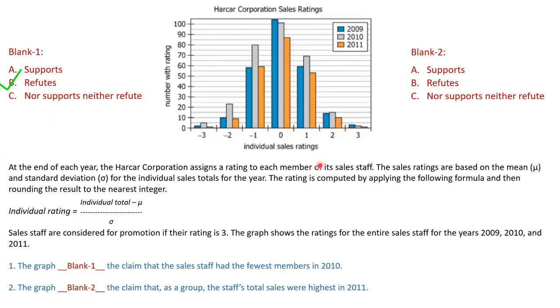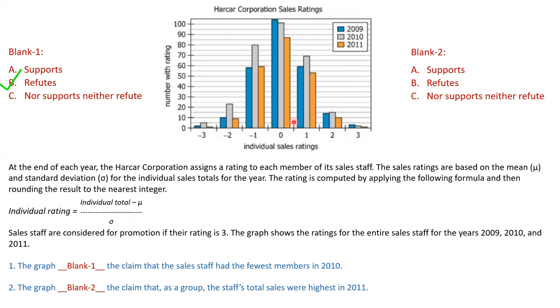So if in 2011, for example, what I'm basically saying is that if the actual total sales was very high, or in fact, let's take it the other way around, if it was very low for the entire organization, that does not matter how much were the total sales. What matters is how much did that individual perform relative to that organization in that year.